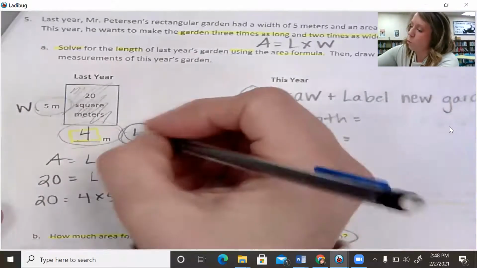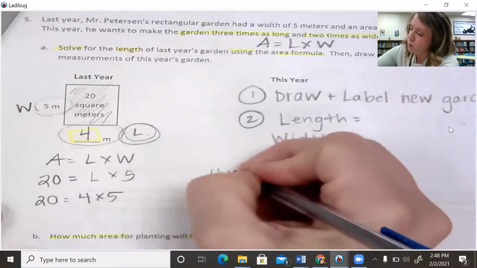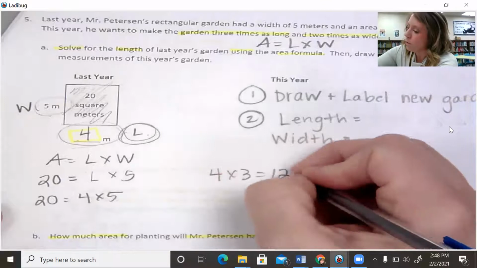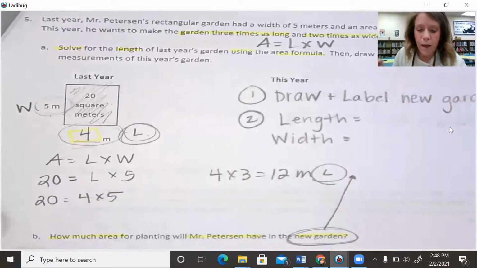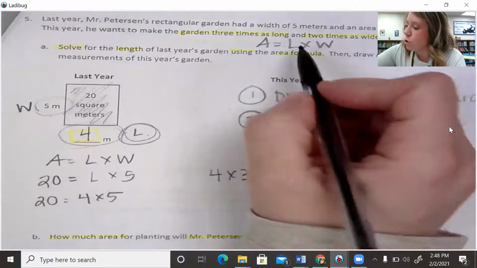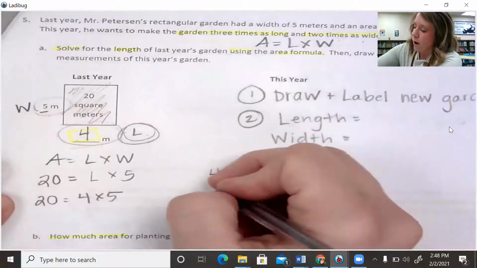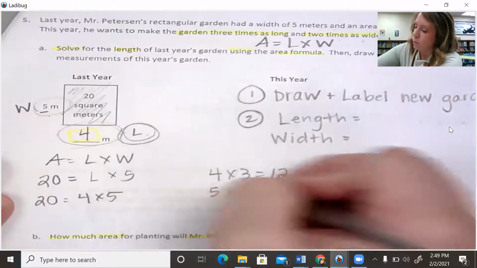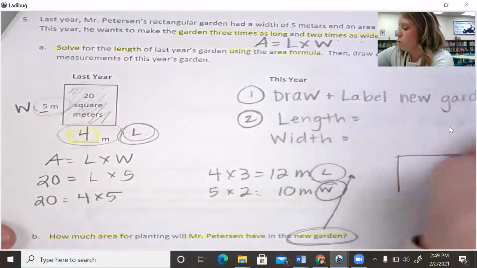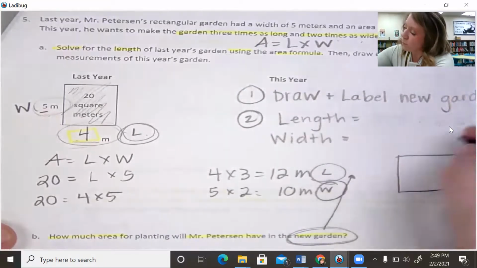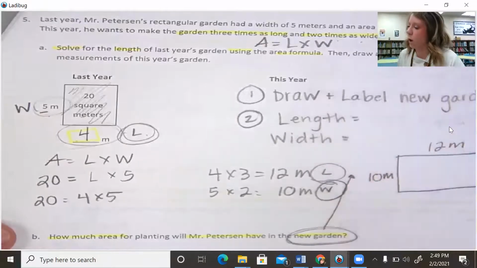So to find my new length, I'm going to do 4 times 3 equals 12 meters for my length. And then I see that it's 2 times as wide. So before it was 5 meters, I'm going to multiply by 2 to get 10 meters wide. So my new garden is 12 meters long and 10 meters wide.